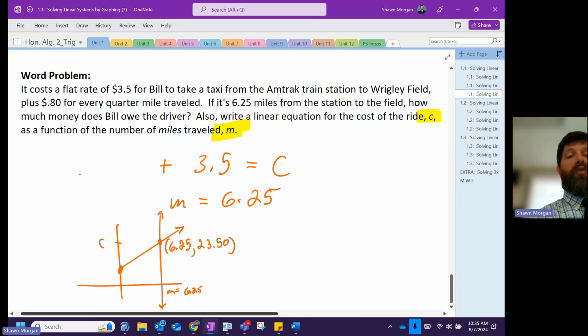How many quarter miles are there in 6.25? 25. Very good. So there are 25 quarter miles, and it was 80 cents for every quarter mile. 0.8 times 25. You could do it that way too. You get the same value. Makes more sense? Perfect. Good question.